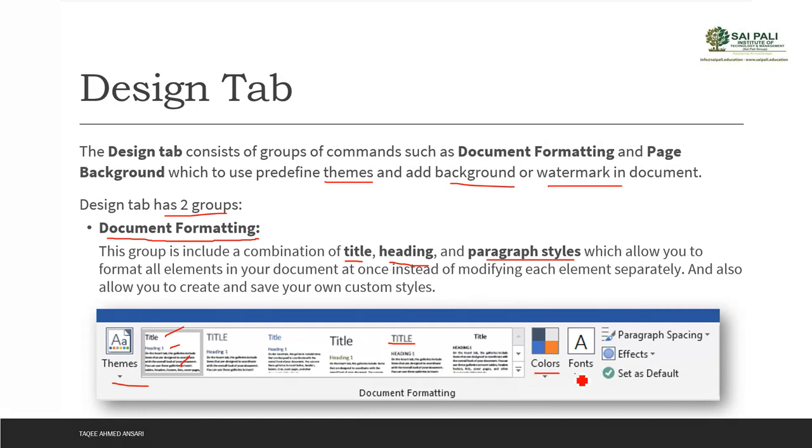We can even choose the font style, the set of styles we want for the title, subtitle, heading, and paragraphs. Then we can choose the overall paragraph spacing and the overall effects for all the objects in our document. Whatever we select, we can also set as the default, so that next time when we open another document, we can use the same format we designed in this document.